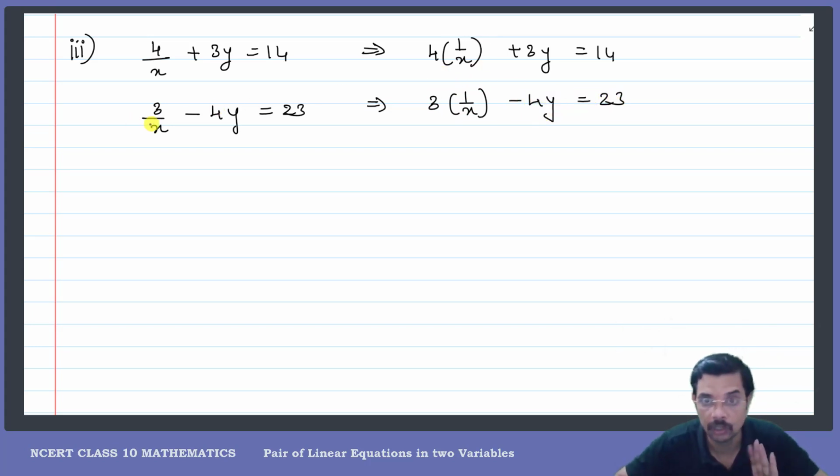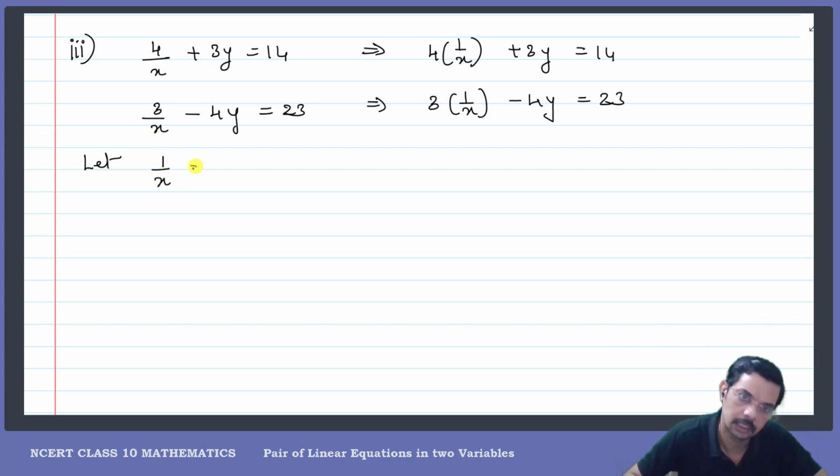Now I will assume only 1 by x is equal to a and I will not assume for y. So let 1 by x equal to a. That's it.